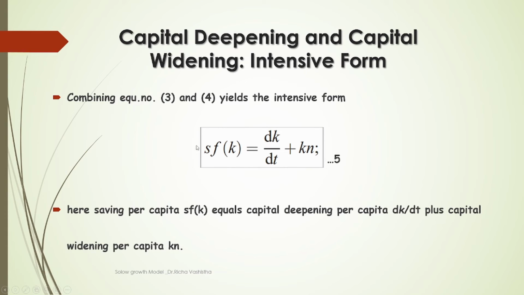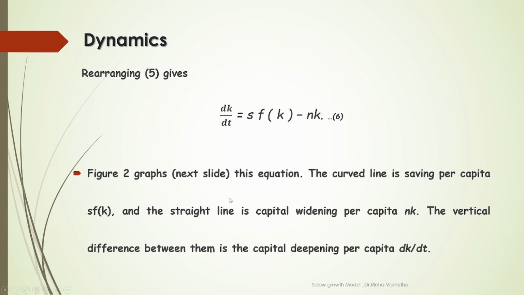This is the saving per capita, which is equal to the capital deepening per capita, dk by dt, plus the capital widening per capita, which is small k and small n. So this is equation number 5. Now if we rearrange this equation a little to find the dk by dt part, it comes out to be sf(k) minus nk.